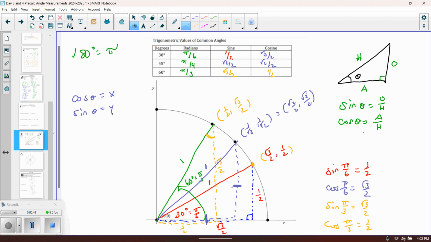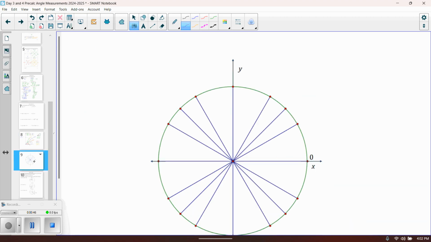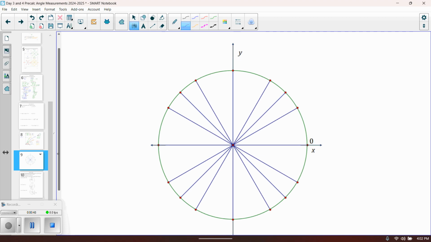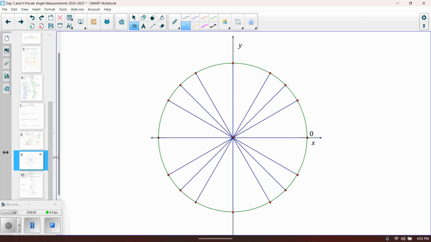All right, let's move on to a full circle and just see how everything relates. So again, if we already know the information in the first quadrant, the nice thing is, let's just say we take this one for example right here. That ordered pair is the square root of 3 over 2, 1/2.